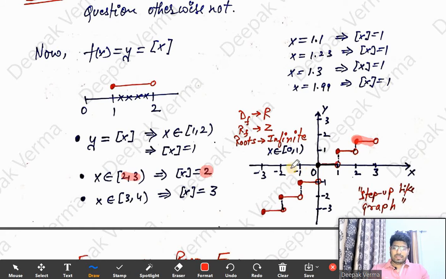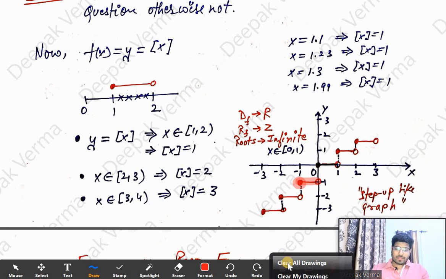Got it? Similarly, if x is between -1 and 0, the outcome is always -1. So the graph will be like this here. -1 is included because -1 is the integer just to the left on the number line. Got it? If x is between -2 and -1, the outcome is -2 always. -2 is included here. Between -3 and -2, the outcome is always -3.